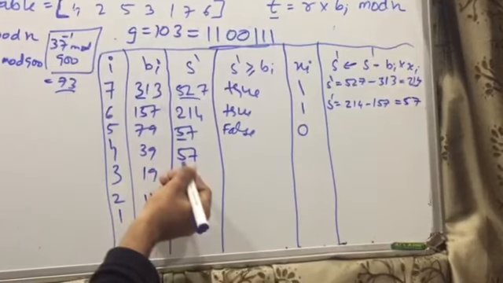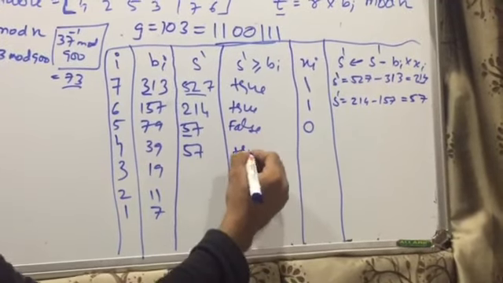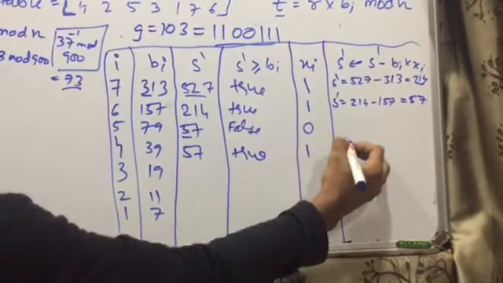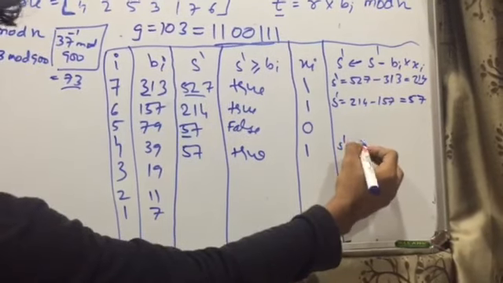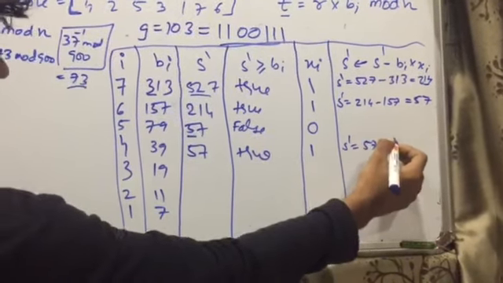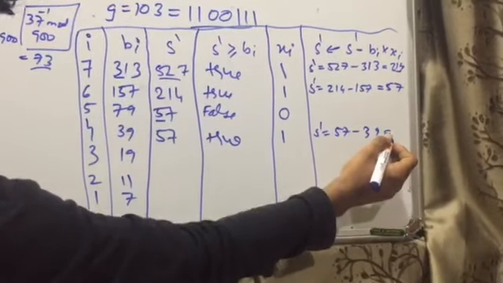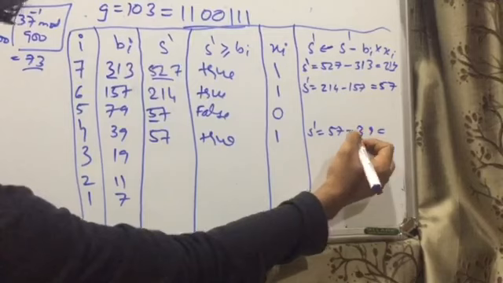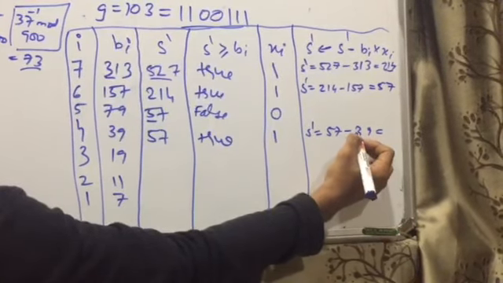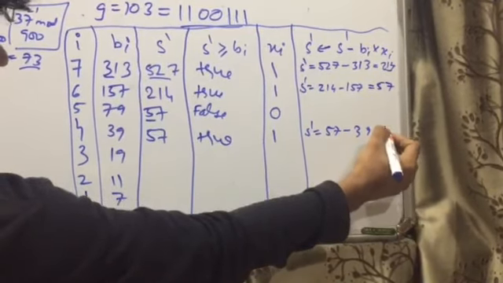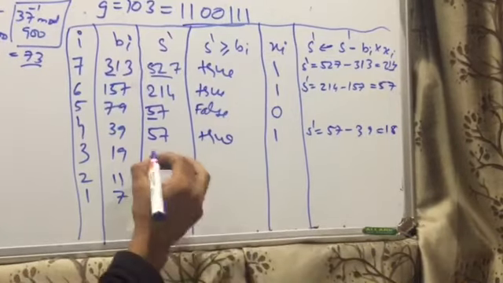Here S dash is greater, so the value is true, so 1. The new S dash is 57 minus 39, which will be 18.